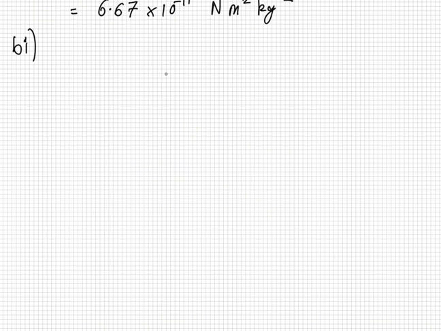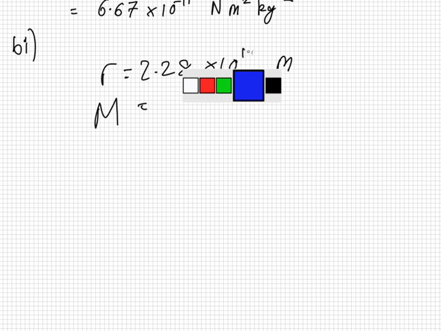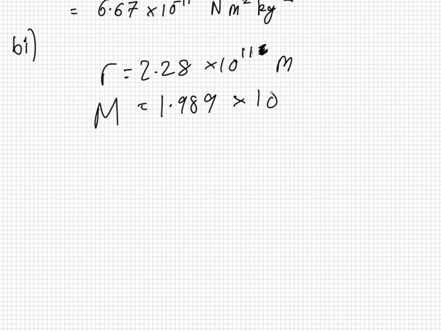The planet Mars can be considered to move around the Sun in a circle of radius 2.28 times 10 to the 11 meters. The mass of the Sun is 1.989 times 10 to the 30 kilograms.